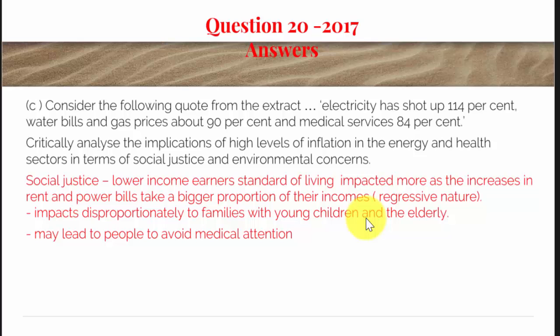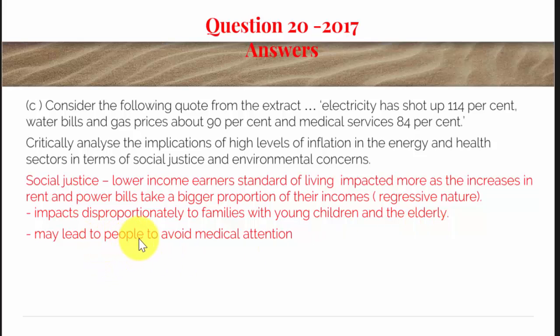Therefore, they will probably use more energy for those purposes. But also, it would increase your health costs. Obviously, when you're older, you need more health care, and young children demand a lot of health attention in their younger years. So these people would be more affected.